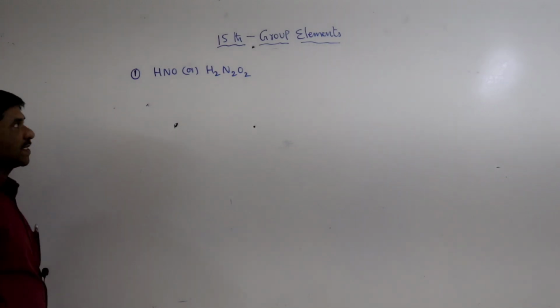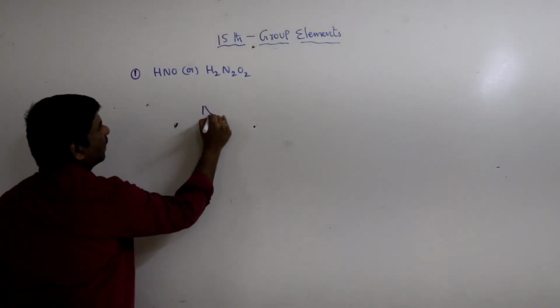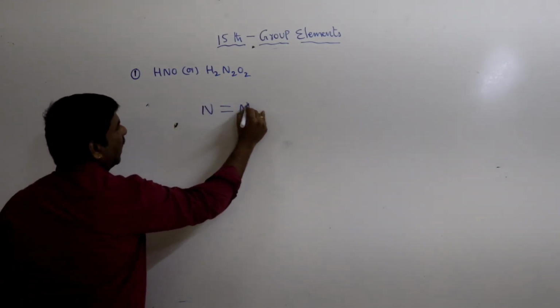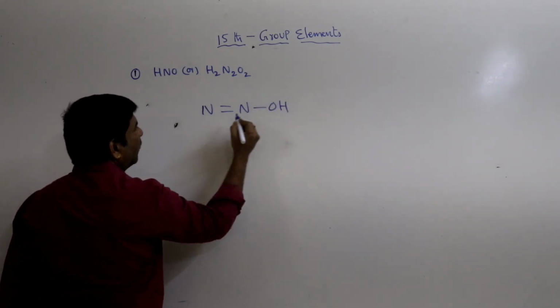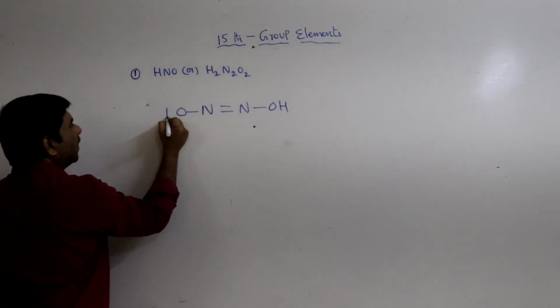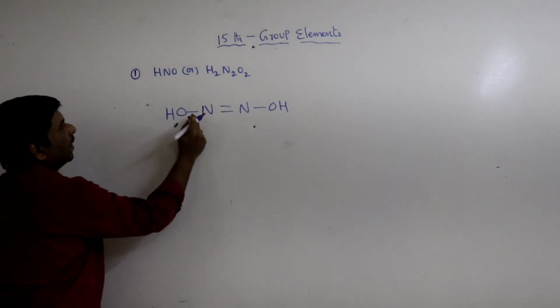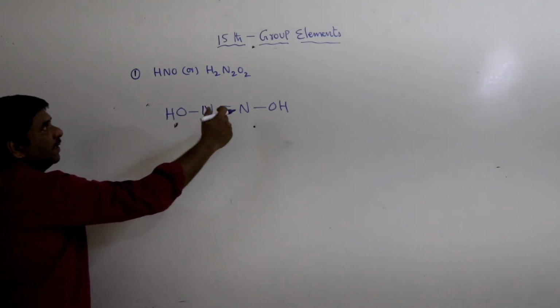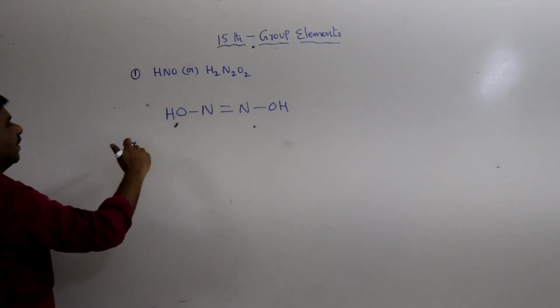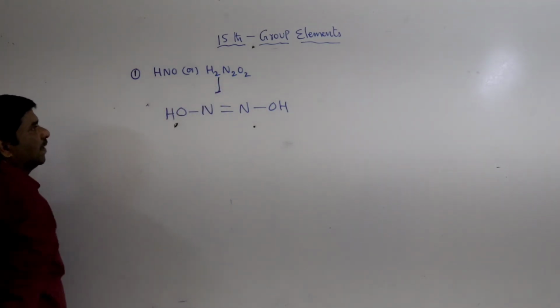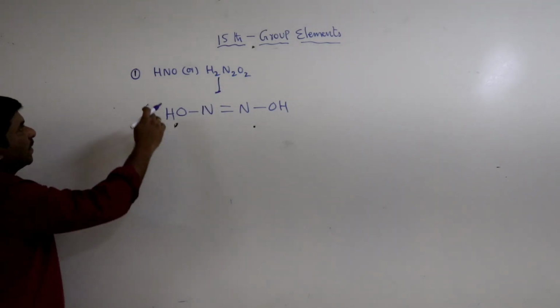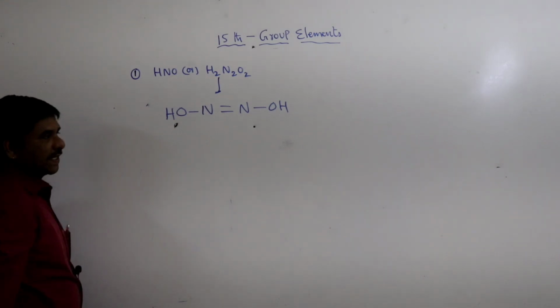Its possible structure is N double bond N, single bond OH, single bond OH. This is the hyponitrous acid structure.